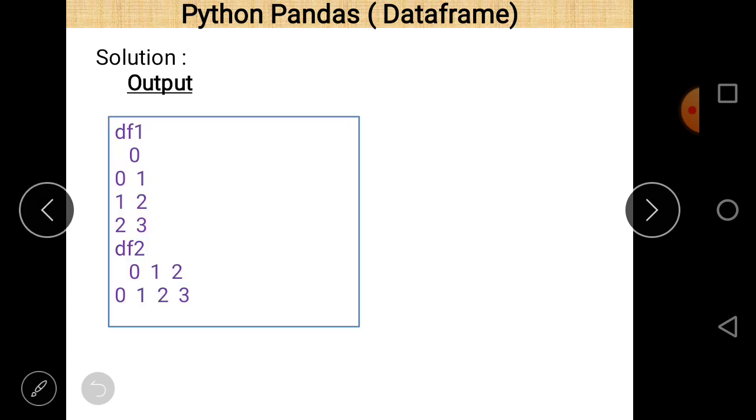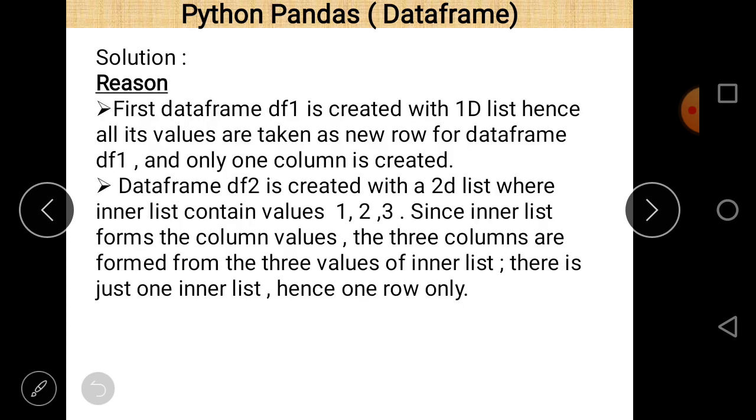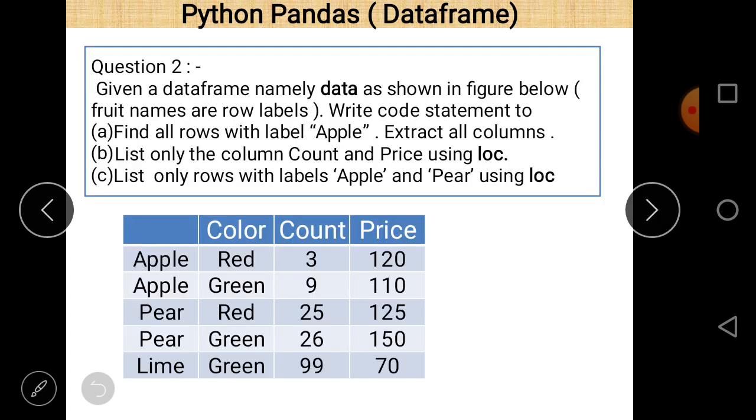And in df1, since there is only a single list, there is only 1 column. Now question number 2.